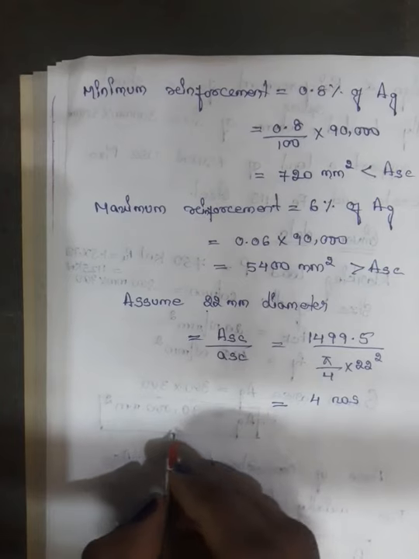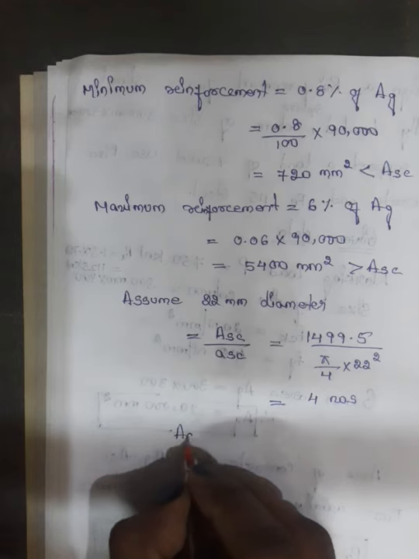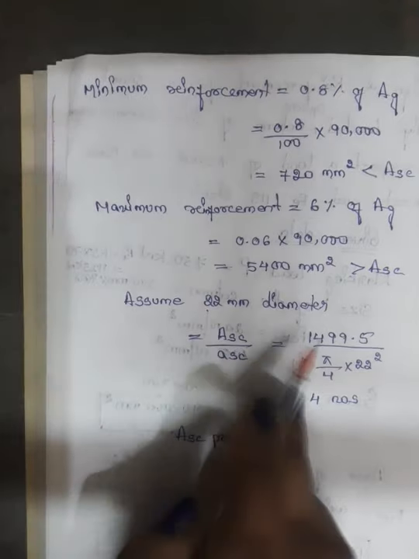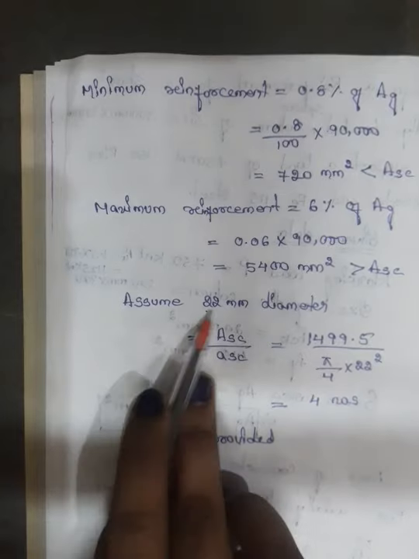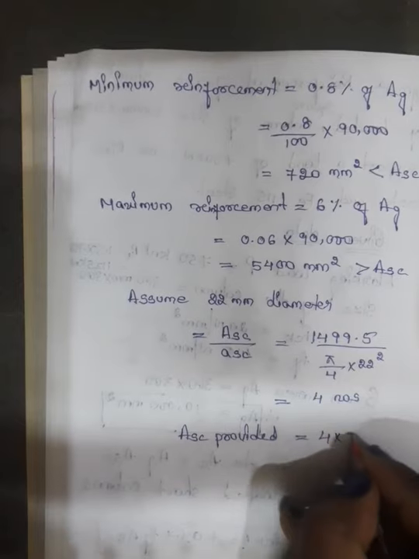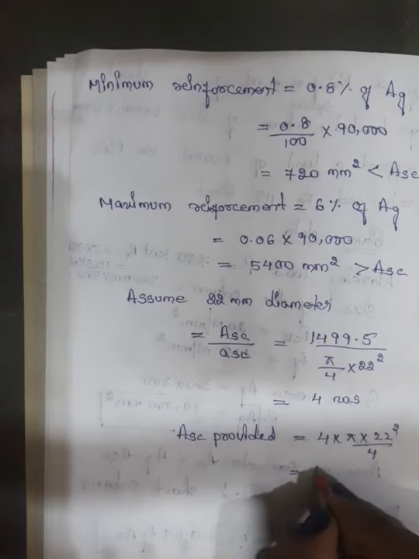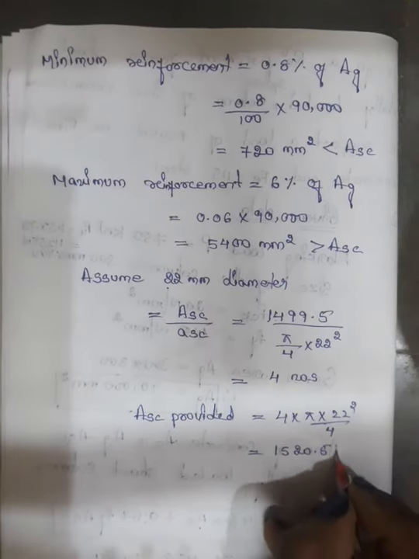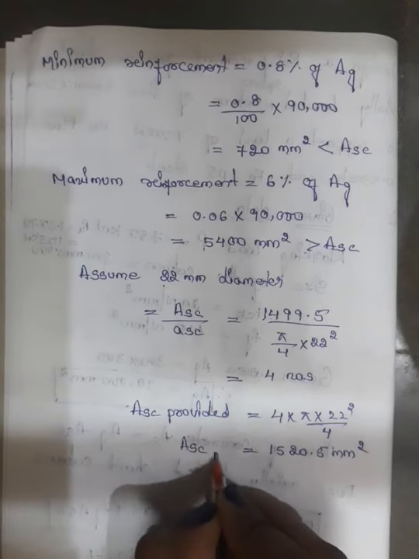Now Asc provided. We have calculated the Asc required for our column, that is 1499.5. We have taken 4 bars of 22 mm dia, right? So Asc provided is equal to 4 into pi d square by 4, which is equal to 1520.5 mm square.